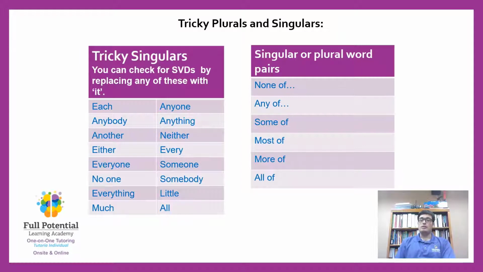You can check any of these singulars for subject-verb disagreements by replacing them with the word "it." Singular and plural word pairs are singular or plural based on the word that follows. For example, "all of the eggplant" is singular, but if we change eggplant to eggplants, it'll read "all of the eggplants," and now it's plural. By studying these, you'll have a better chance of improving on SVD errors.